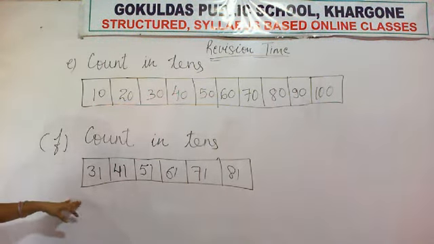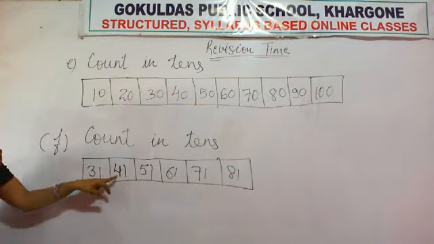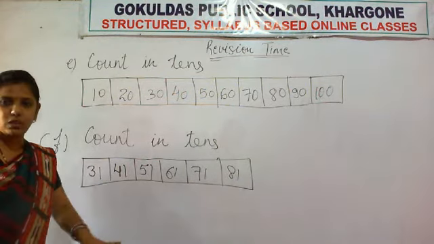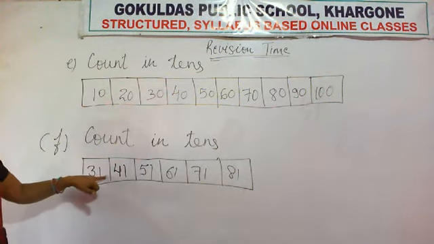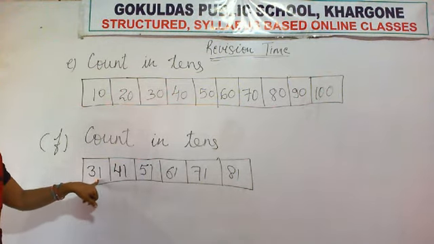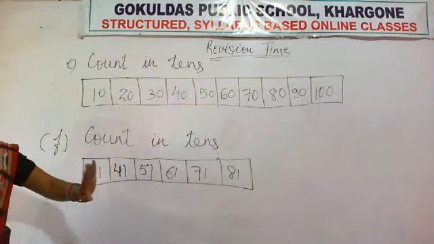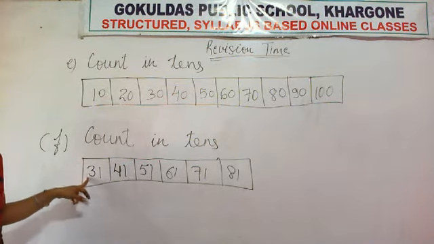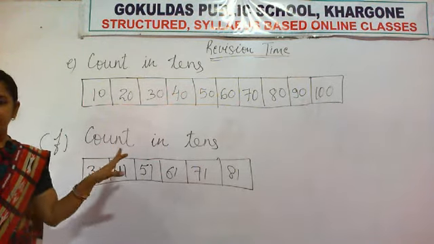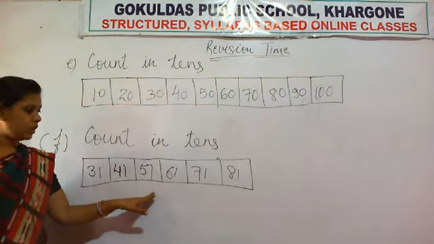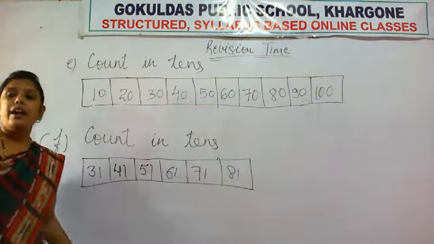In the same way, see here I have written 31, then 41. The ones place is fixed. The number written at the ones place stays 1, 1, 1. Only the tens place number is changing: 3, then 4, then 5, then 6. That means 31, 41, 51, 61, 71 and 81.